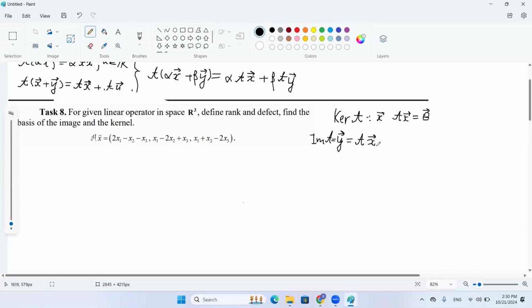Okay, and what about rank, defect? I want to hear somebody else, so it would be nice if somebody else answers. But everyone is shy, so okay. Your turn.